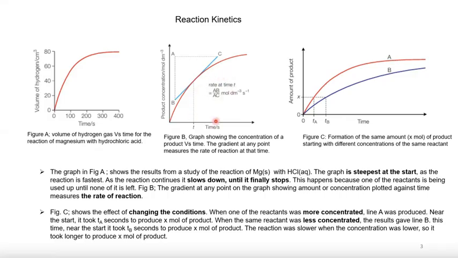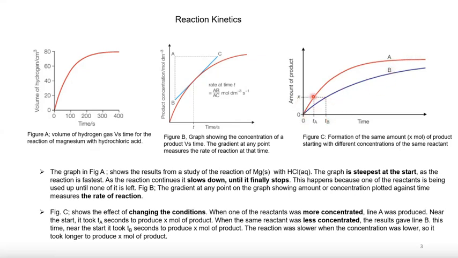Then you see this figure, the formation of some amount X mole of product, starting with different concentrations of the same reactant. We can also find that out from this graph.